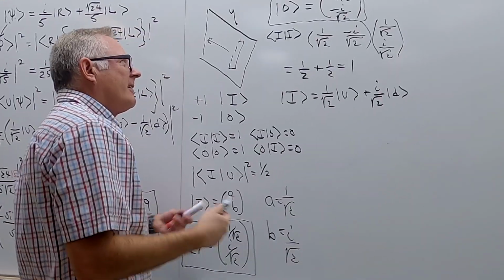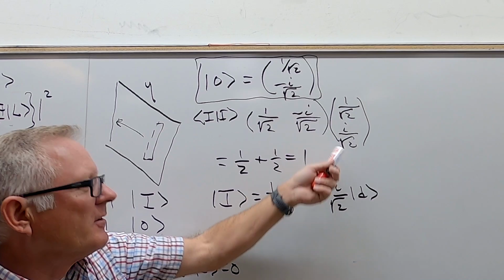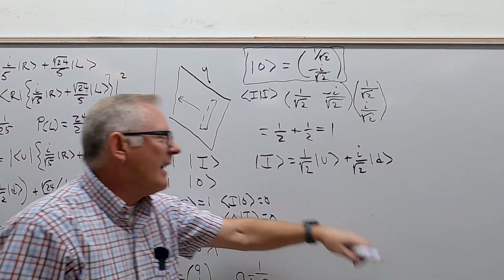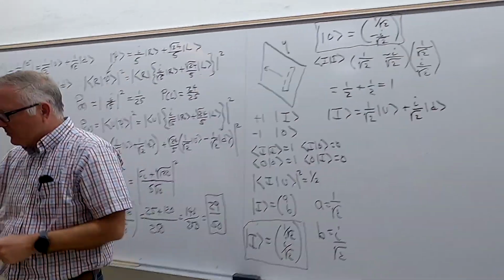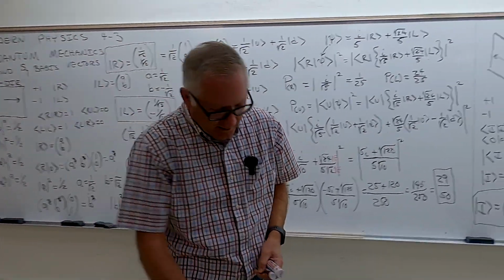Okay, and then I could have done out too. Out would have been 1 over the square root of 2 up minus i over the square root of 2 down. And I could have written ins and outs in terms of rights and lefts, and you could have done it for all possible combinations right there. So that handles all the possible combinations for that.